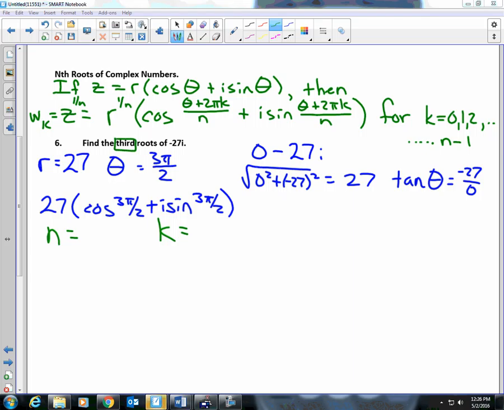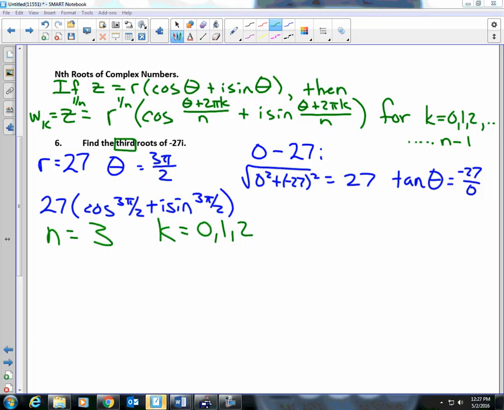So what will n be in this scenario? 3. k will be all the whole numbers that are less than n, less than or equal to n minus 1. So what is n? 3 minus 1 is 2, so therefore k will be 0, 1, and 2.